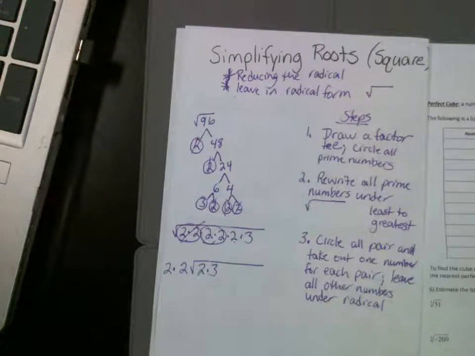The numbers that you take out, multiply those numbers together. The number that is left under the radical, multiply those together.